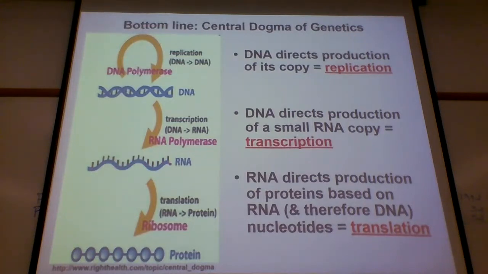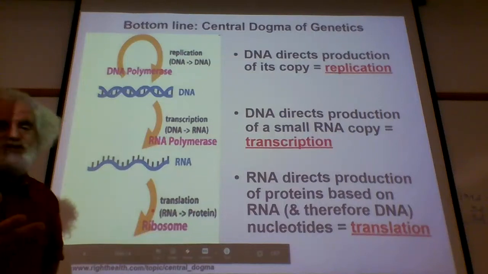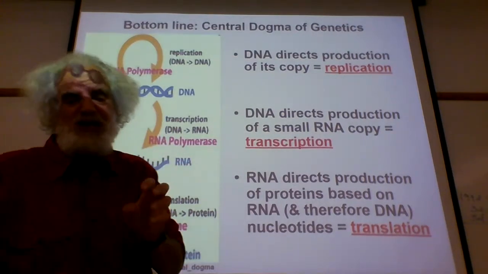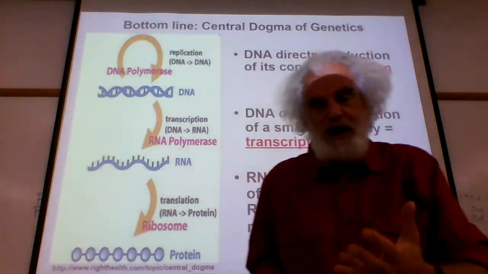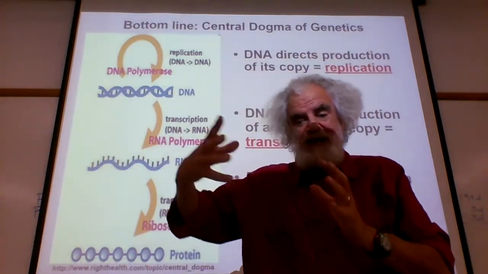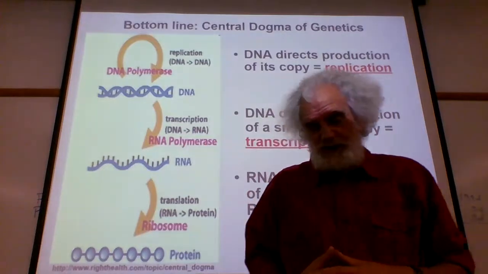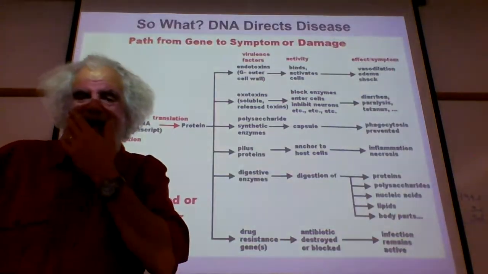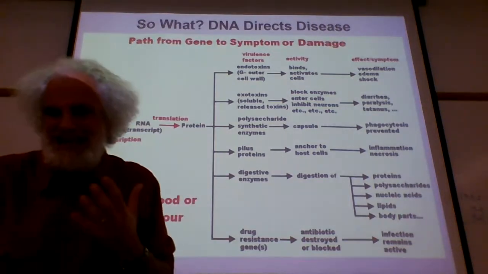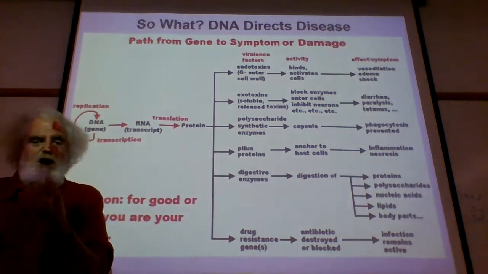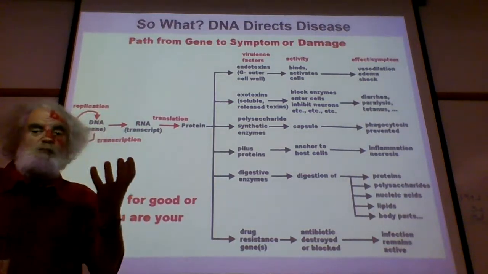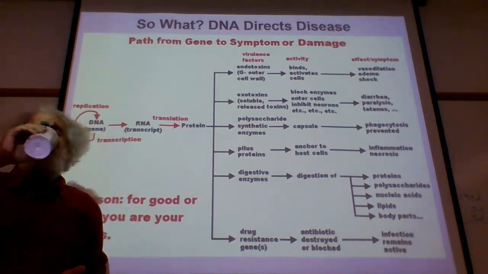The RNA can direct the production of proteins based on the RNA, and consequently, changes in the DNA can be reflected in changes in the RNA, and that can be reflected in changes in the amino acid sequence. So, this is translation. So, what this means is we are our genes, that our genes direct what our protein structure is going to be like.